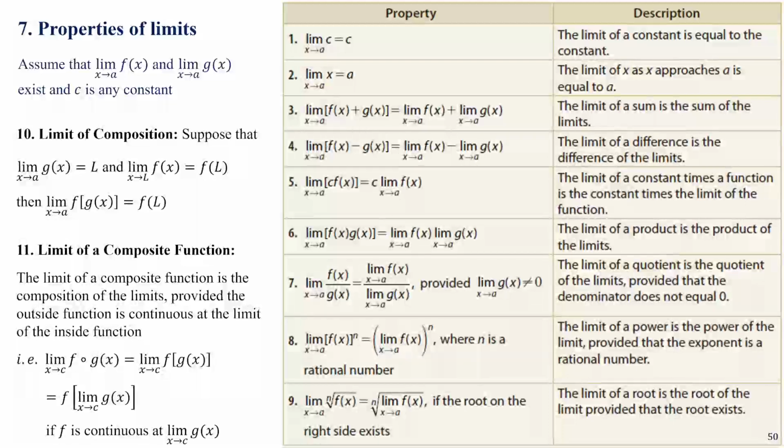And last property is the limit of a composite function, which states that the limit of a composite function is the composition of the limits, provided the outside function is continuous at the limit of the inside function.